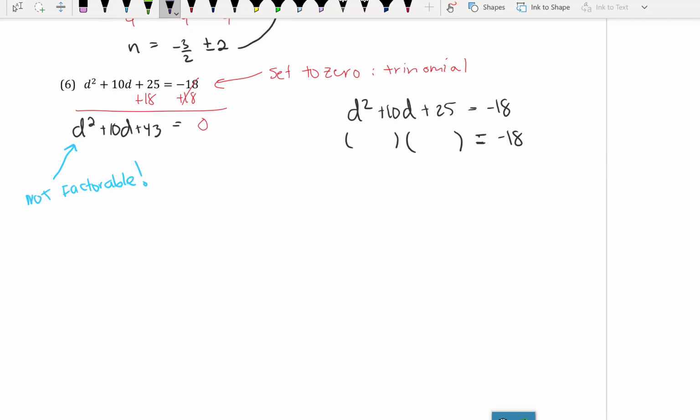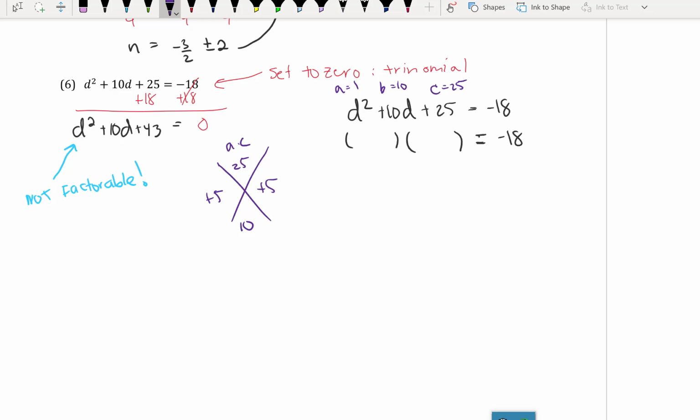Well, if I'm thinking about the AC method, I could think of my A as a 1, my B as a 10, and my C as a 25. So I have 25 and the positive 10. So I can have positive 5.